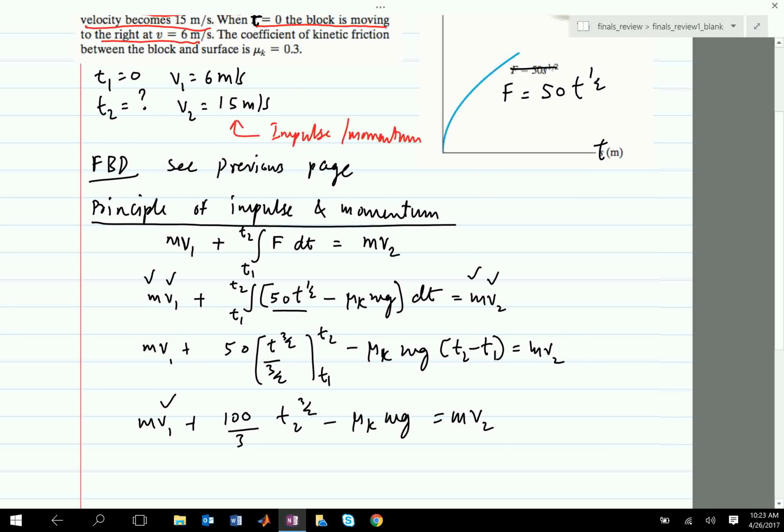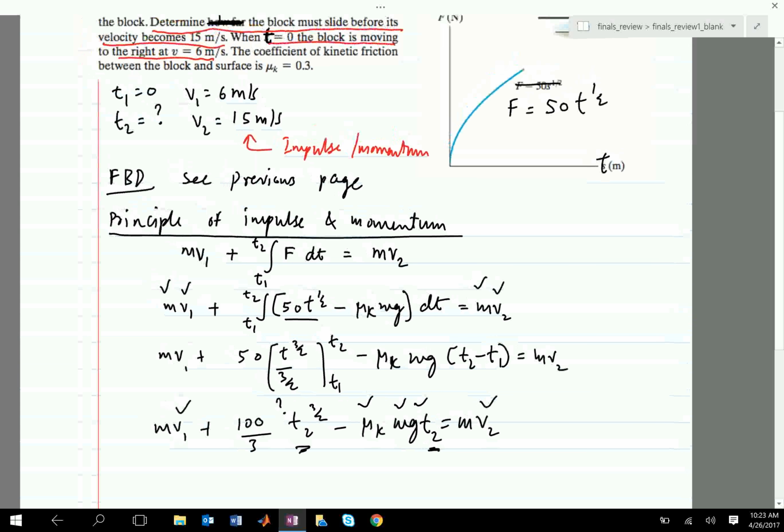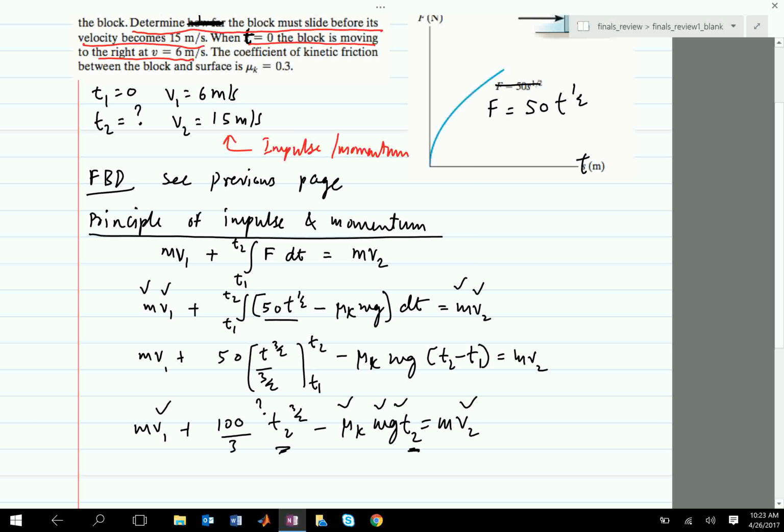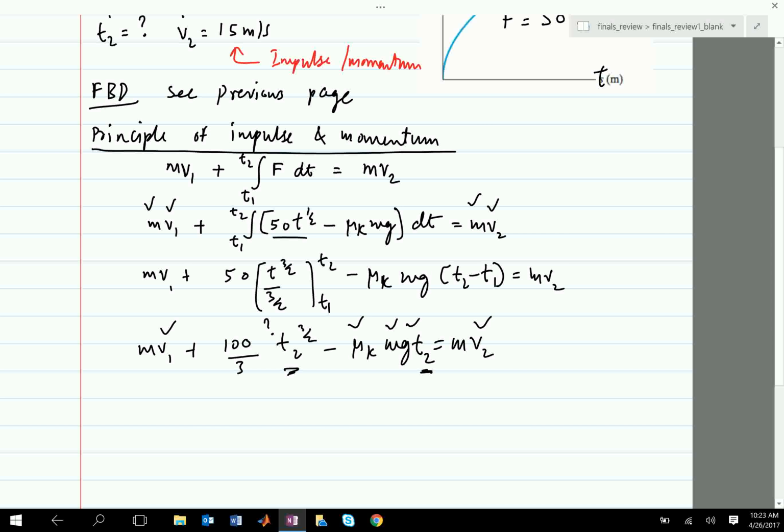So v1 is known, v2 is known, mg is known, mu k is known, and t2 is unknown. When you try to sub in the values, you'll again get an equation with a t raised to 3 by 2, and you cannot solve it using a calculator, so you should keep it as it is. In fact, you get something like 10 t2 raised to 3 by 2 minus 18 t2 equals 27.